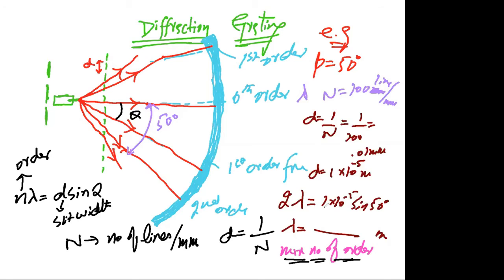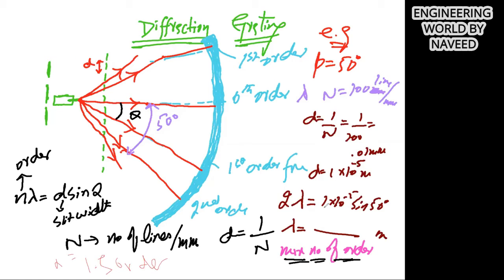What if the n is a decimal? For example, 1.5 order. Do we take 2 or 1? I think we should take 1 because you can't have 2 complete waves.